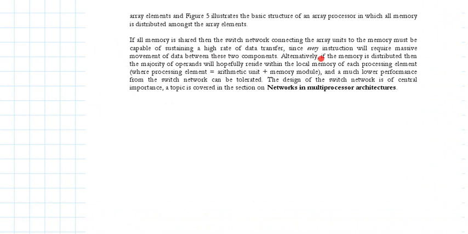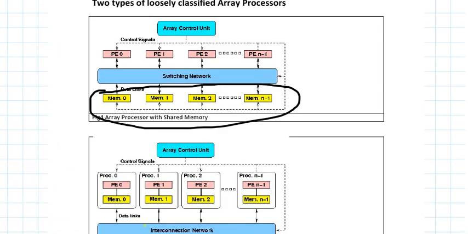Alternatively, if the memory is distributed, then the majority of operands will hopefully, not particularly, hopefully reside within the local memory of each processing element. That means if you use this architecture, then for most of the time, the memory items related to the computations performed in a processing element will be stored in mem0 itself.